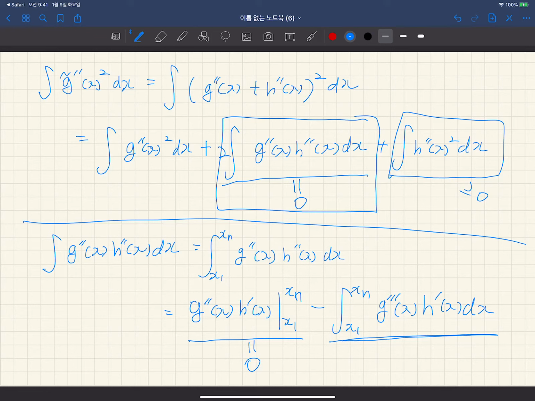We know that g triple prime x, the third derivative of your natural cubic spline, is piecewise constant.